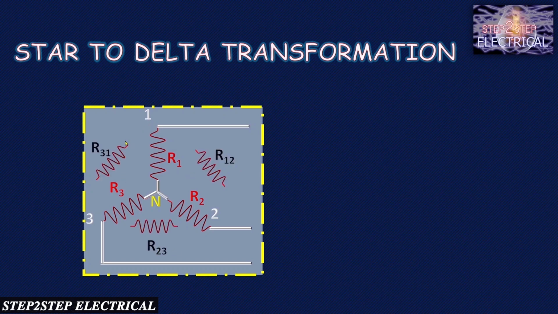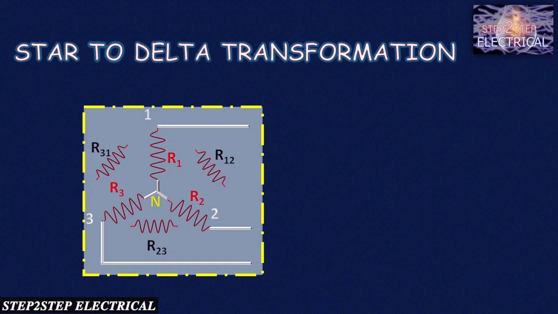This is our imagination, that we have to find out R12, R23 and R31 in this circuit. R12 lies between R1 and R2, R23 lies between R2 and R3, and R31 lies between R3 and R1. So how do we find the unknown resistances of these resistors?